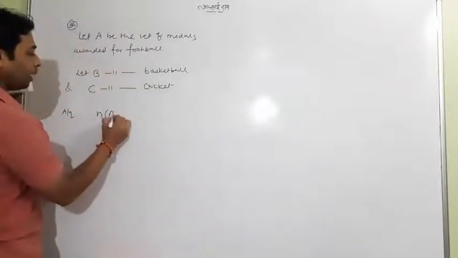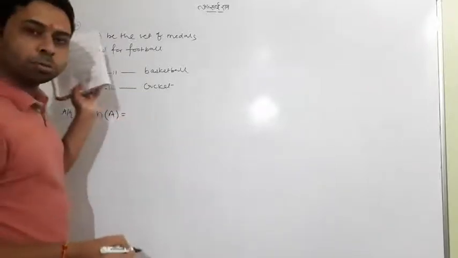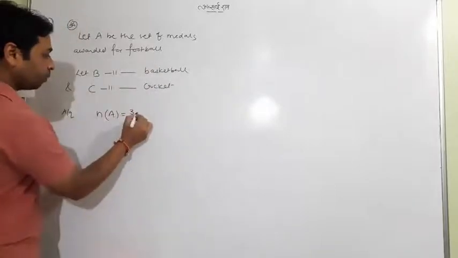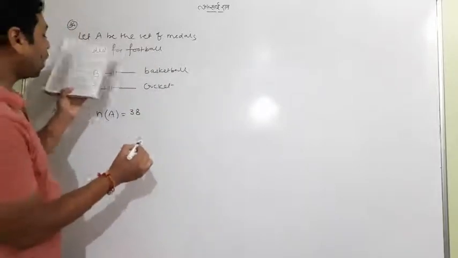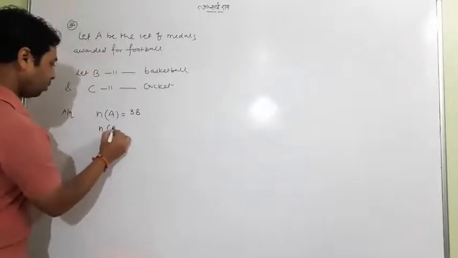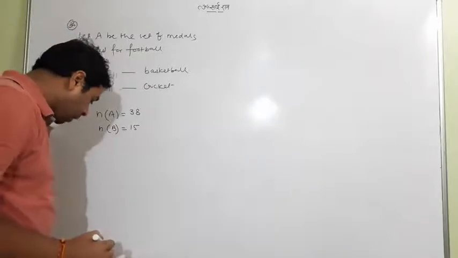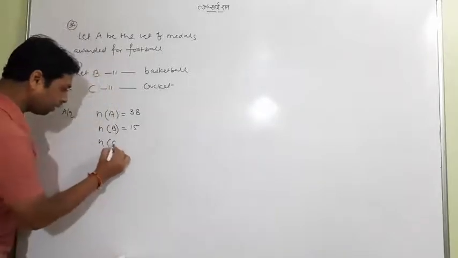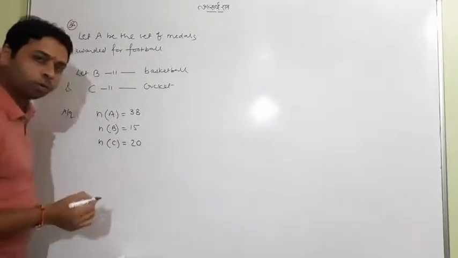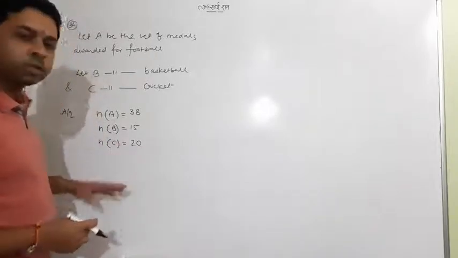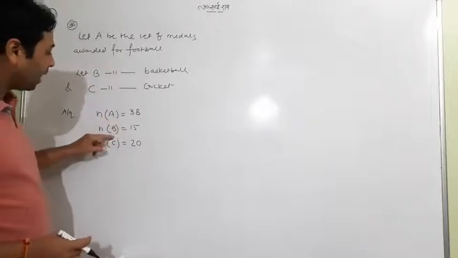So n of A means those medals awarded for the game football, which is given as 38, and 15 in basketball, so n of B is 15. What about next? 20 in cricket. So till now you are getting all of it, because three sets appear, and the language is very familiar: n of A, n of B and n of C.